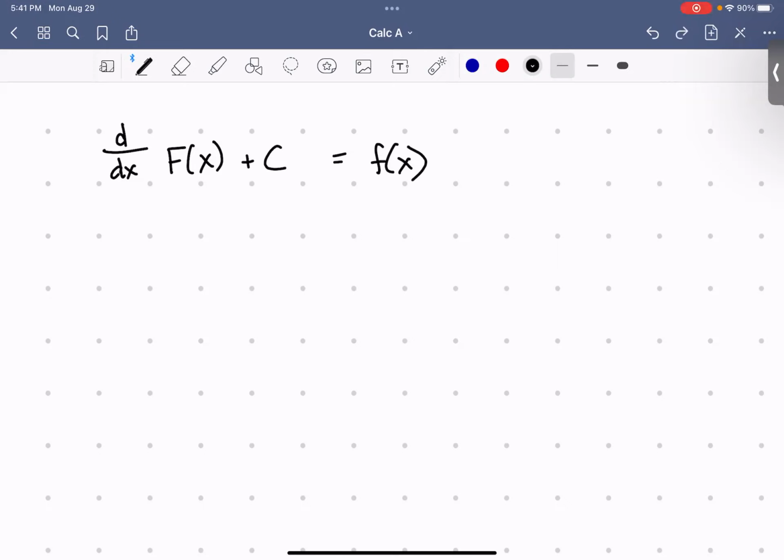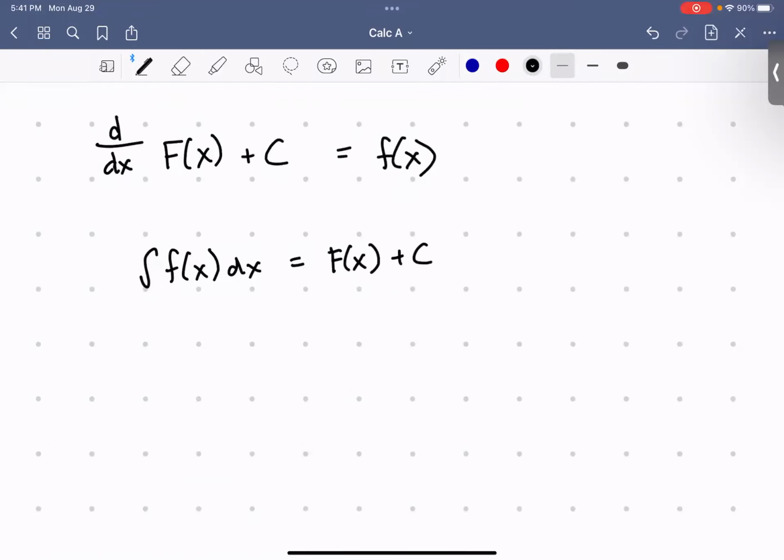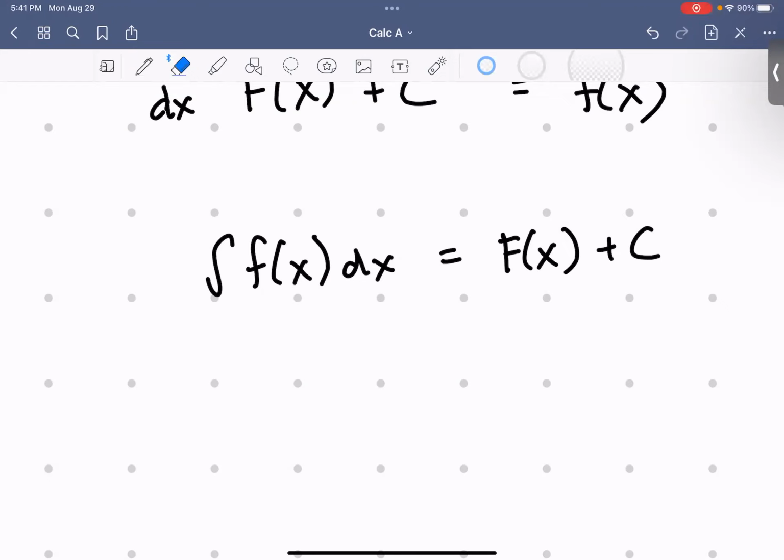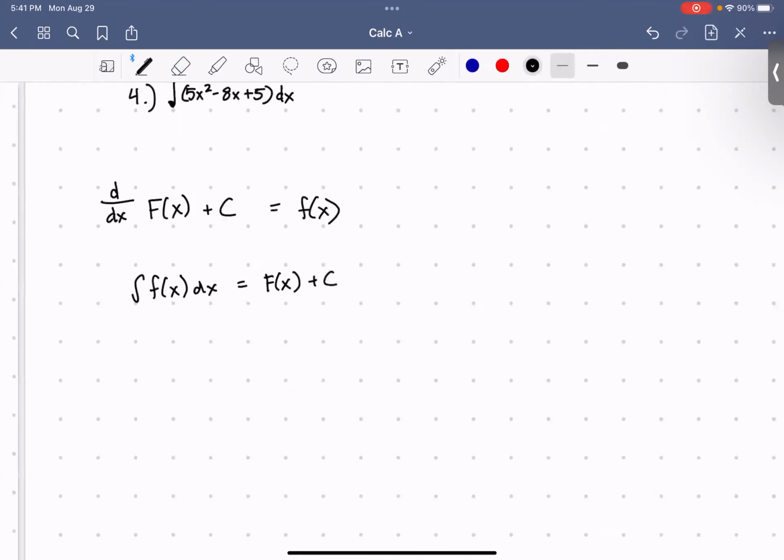That's why when you go backwards to find the integral of f of x dx, you would always add a plus c for an indefinite integral. We're not going to talk about the definite integral in this video, but remember that it's very important for indefinite integrals. By indefinite, I mean there are no numbers on the integral symbol. I'll explain later.